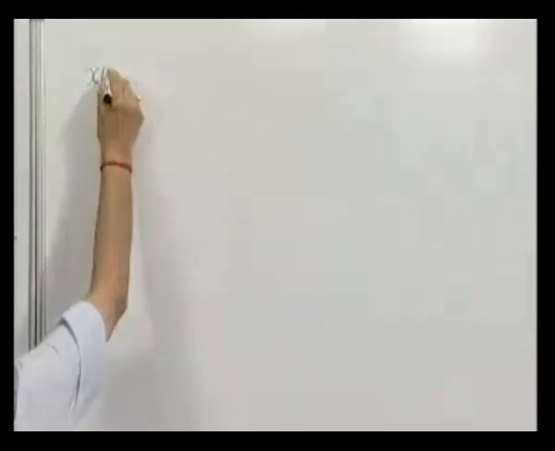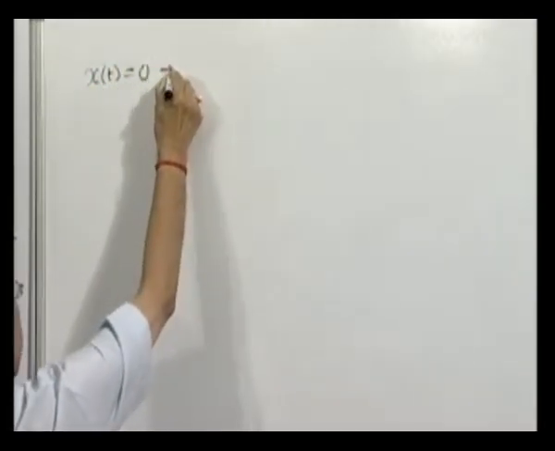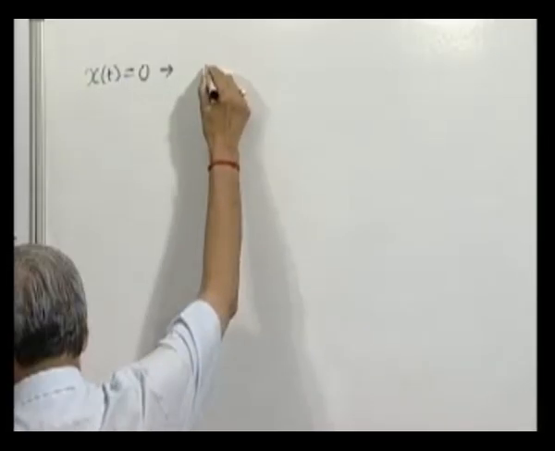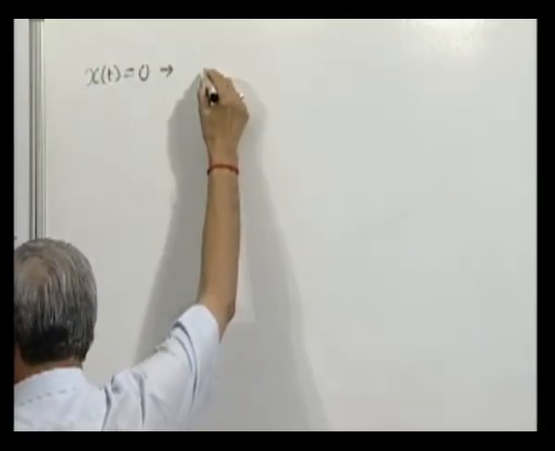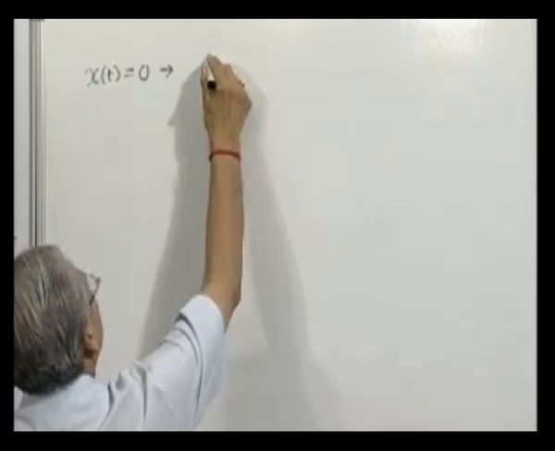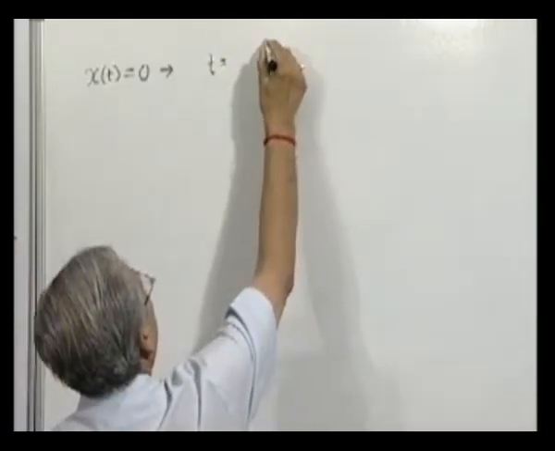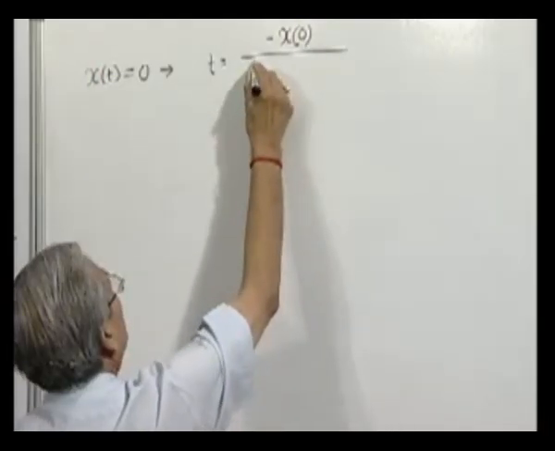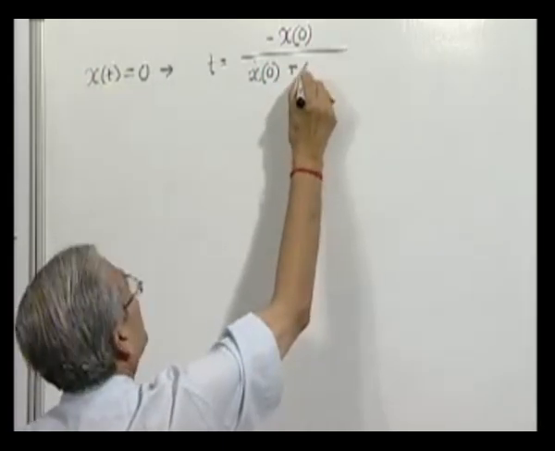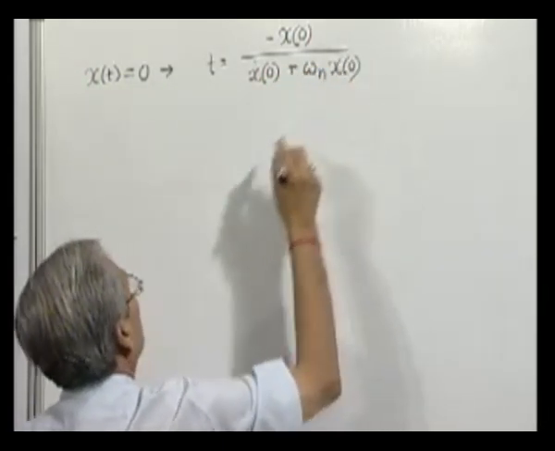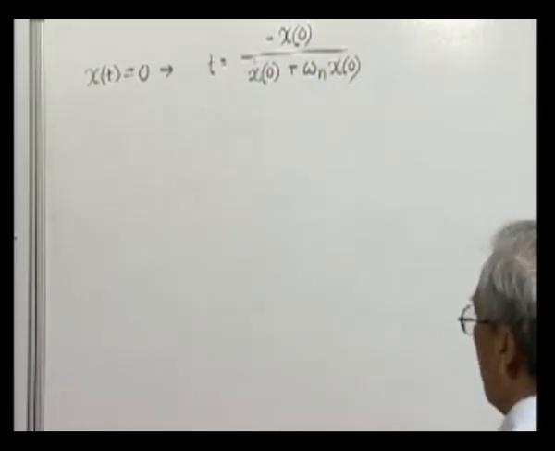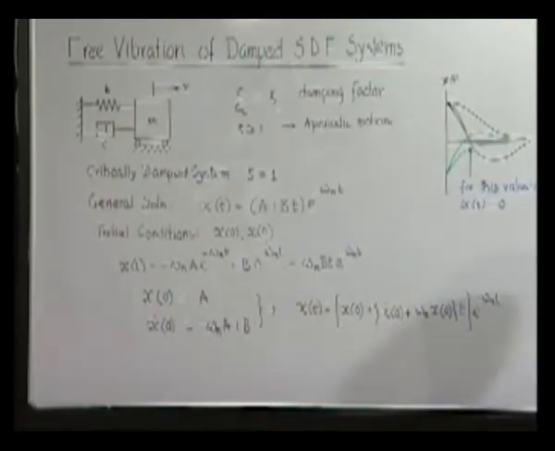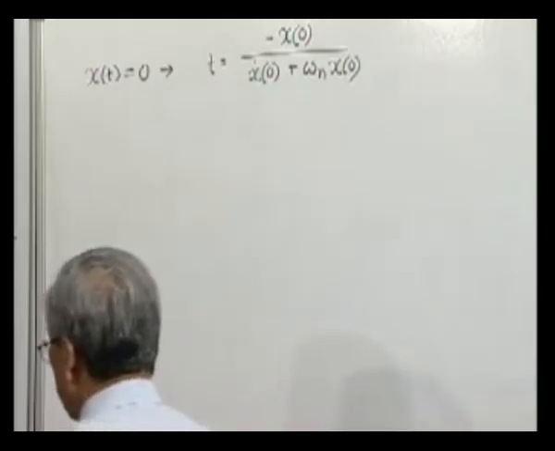Now, here x(t) will be 0 means two conditions, when t tends to infinity, or as before there will be another situation when this is equal to 0.